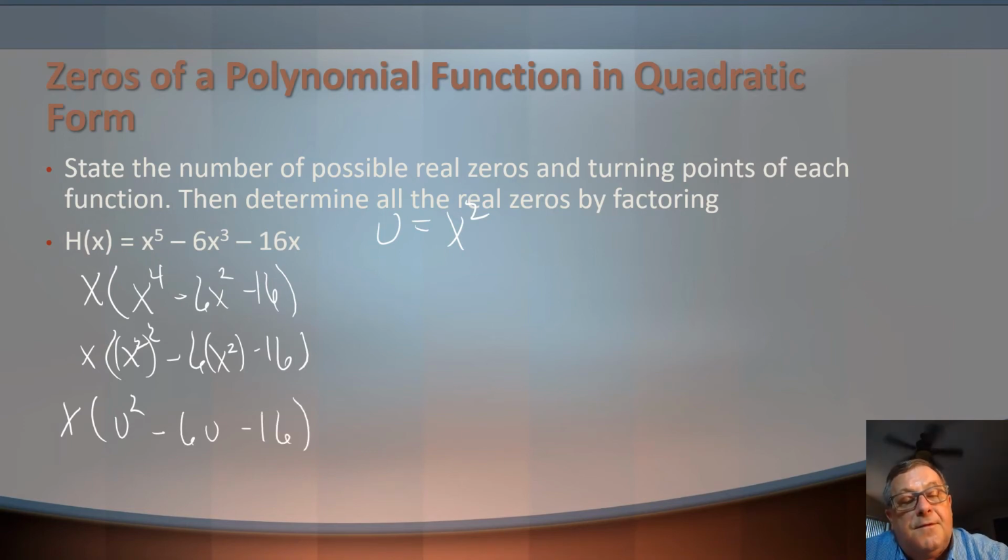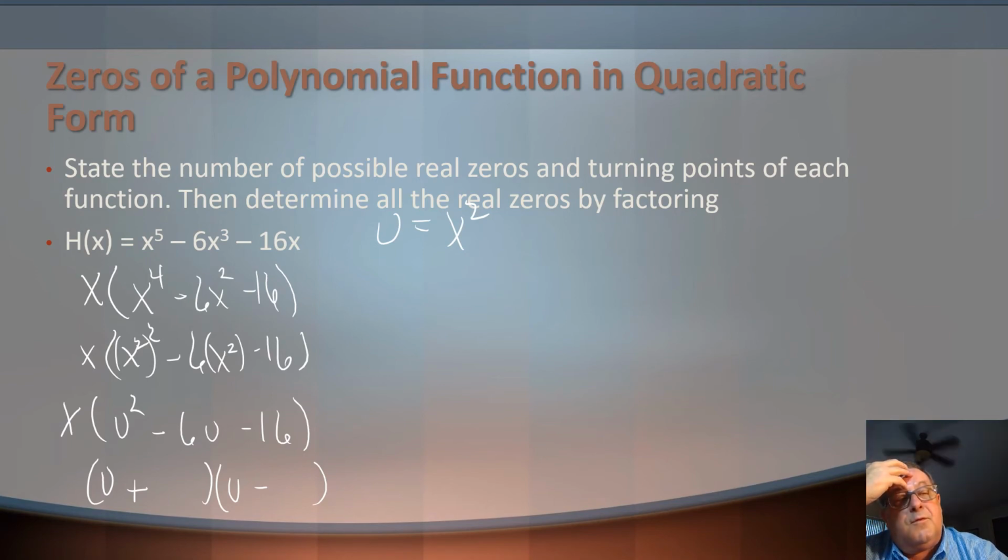We're going to factor this quadratic, so I got 2 sets of parentheses sitting out here, u in one, u in the other. And let's see, I got a negative constant and a negative middle term, telling me that inside my parentheses has got to be a positive and a negative. And I need two numbers that are going to multiply to negative 16 and add to negative 6.